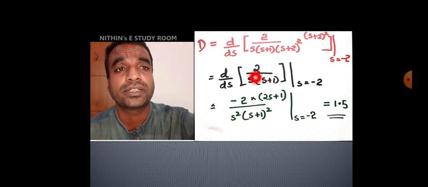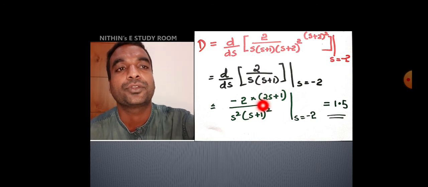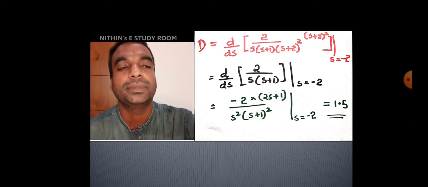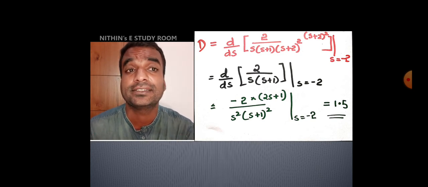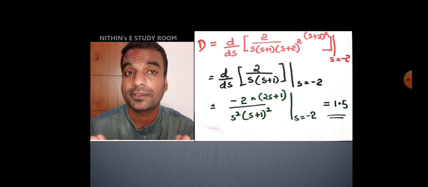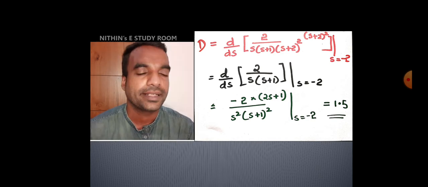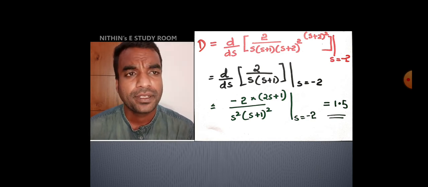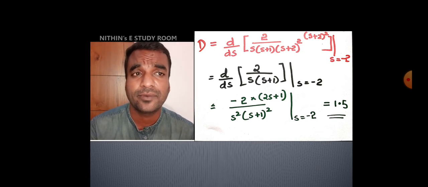So differentiating again s square plus s, it is 2s plus 1. So we are writing a 2s plus 1 here. This is the method. And put s is equal to minus 2. Please be strong in differentiation, otherwise it will take some more time. Put s is equal to minus 2. So the entire answer, it will become 1.5.